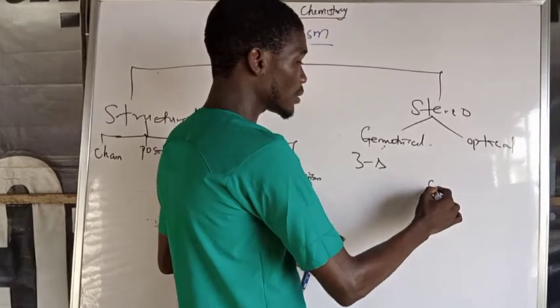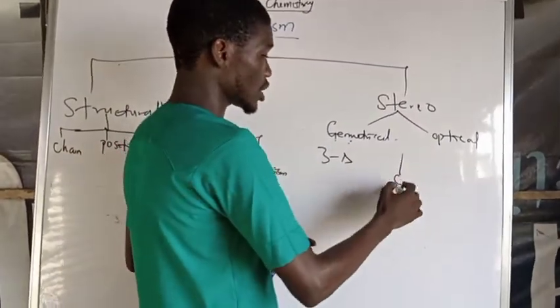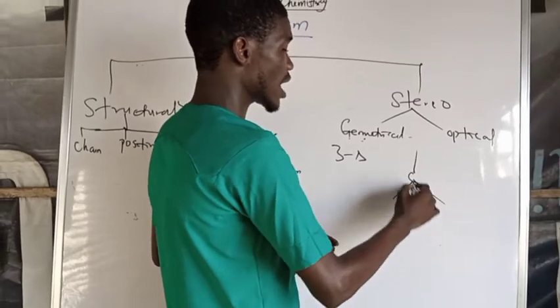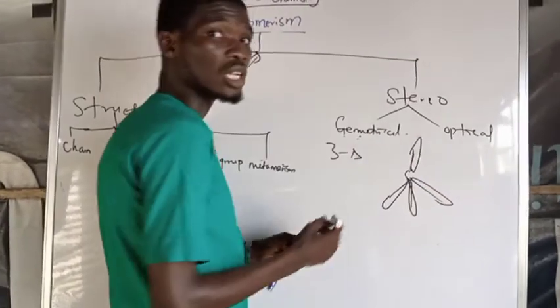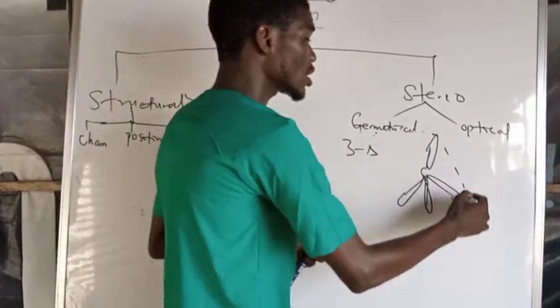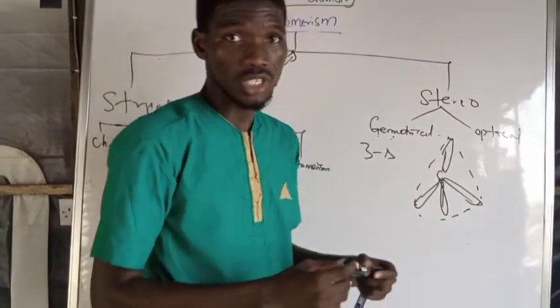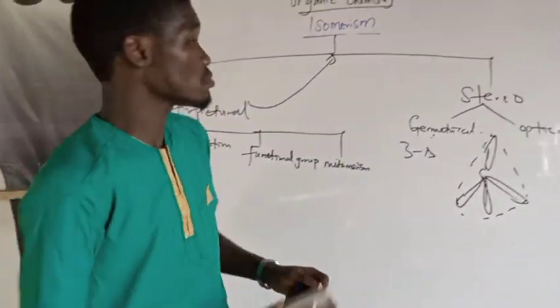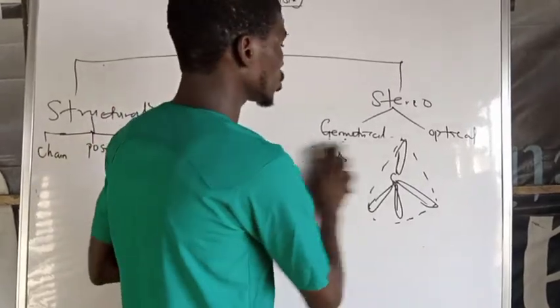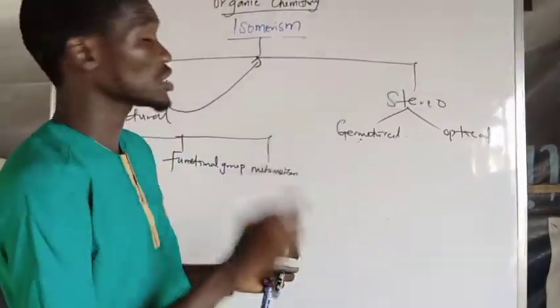If I have 1 carbon atom here with different atoms attached to it, I can have this like this and also like this. So we can call this 3-dimensional orientation. That is for stereoisomerism.